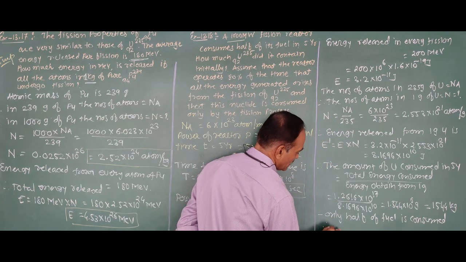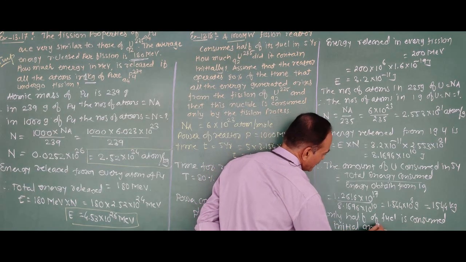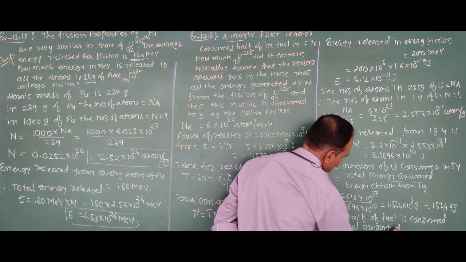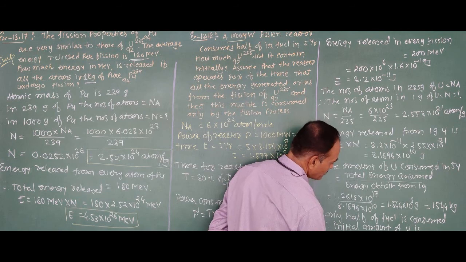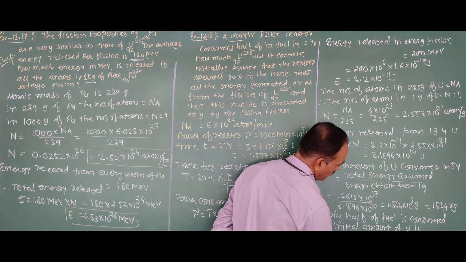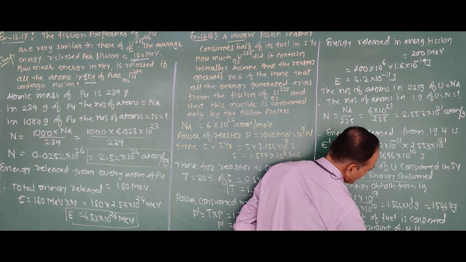Therefore, the initial amount of uranium is double of this 1544 kg. That means 3088 kg.